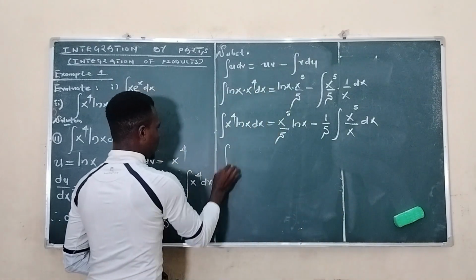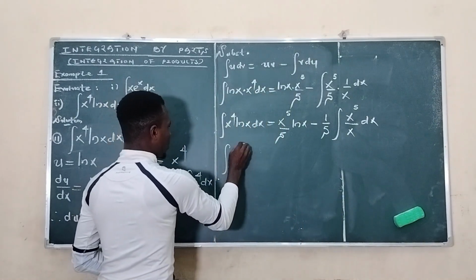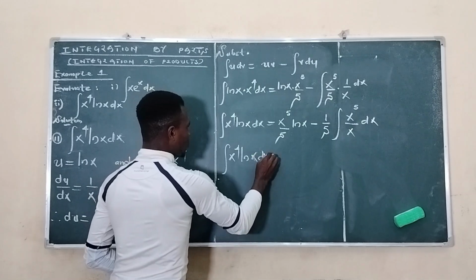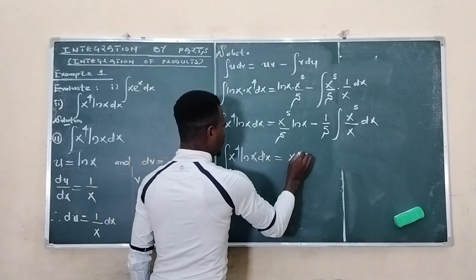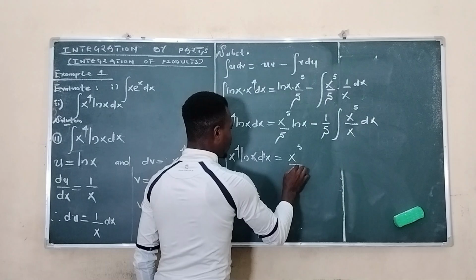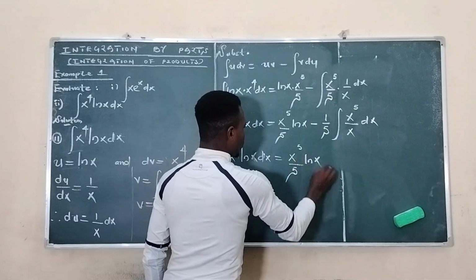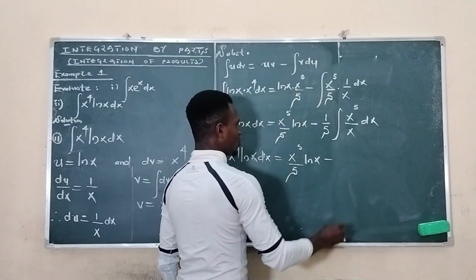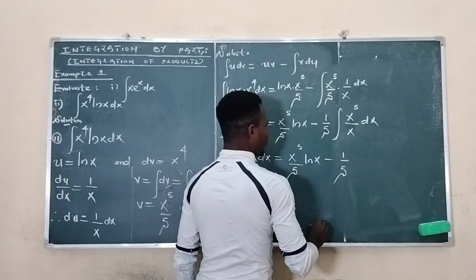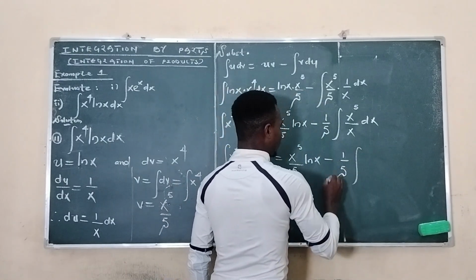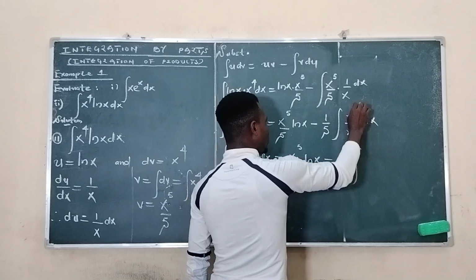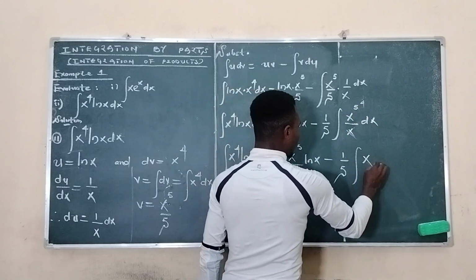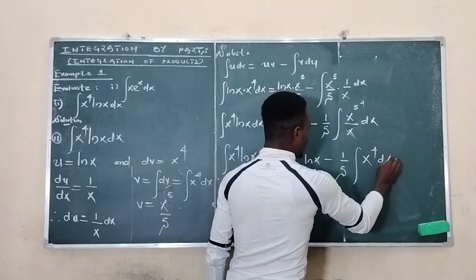So the integral of x to the power of 4 times the natural logarithm of x with respect to x is equal to x raised to the power of 5 all over 5 times log x minus 1 over 5 of the integral. This cancels out one of these and we have 4, so we have x raised to the power of 4 with respect to x.